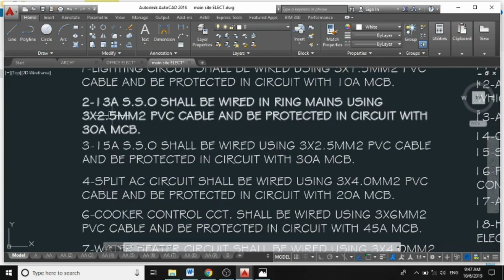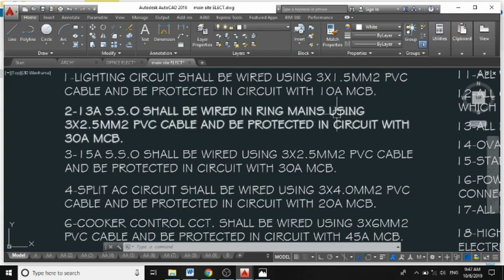I stated that 13 amp sockets shall be wired in ring mains, that is the ring circuit method I explained earlier, using 3 by 2.5 mm square PVC cables, and be protected in a circuit with a 30 ampere MCB, miniature circuit breaker.